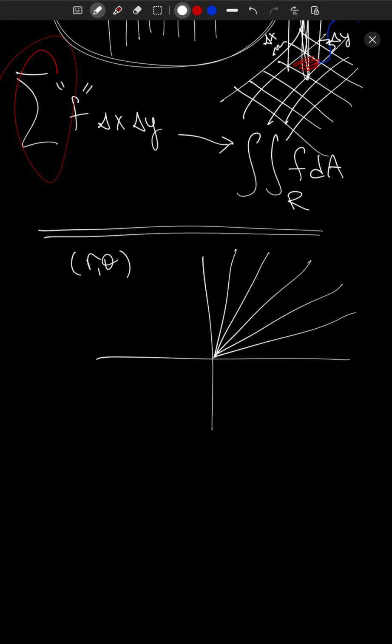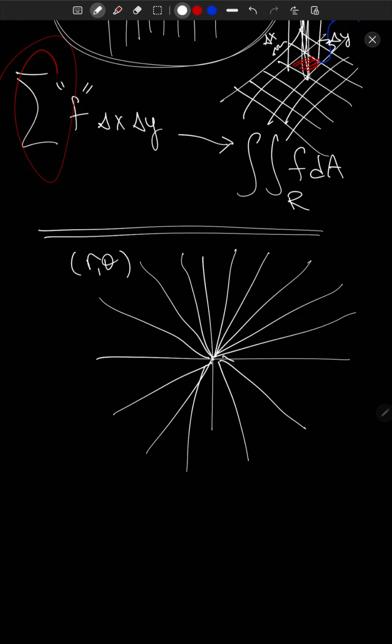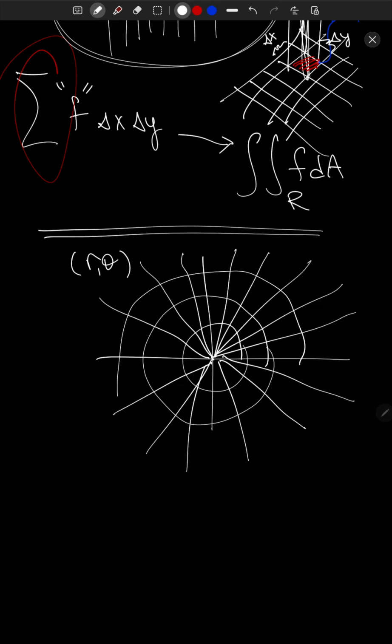Here with the polar coordinates, I'm drawing constant r and constant theta. So let me just do a few of these. Each of these lines represents constant theta, and each of these circles represents constant r.